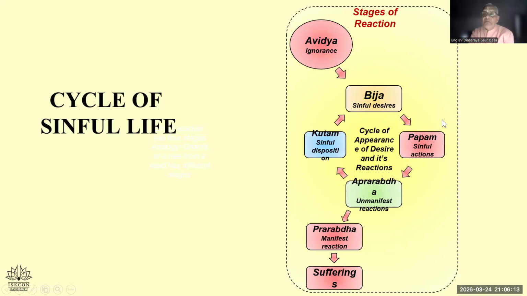Now, sometimes you see this aprarabdha. There is a couple who are very pious, performing all kinds of austerities, penances, and sacrifices, pious people, devotees of Lord Krishna, deeply in Krishna consciousness, but they have a child who is born with a lot of diseases, maybe genetic or metabolic diseases, sometimes birth diseases, which are called congenital diseases.